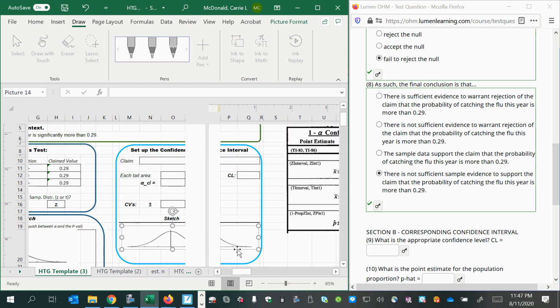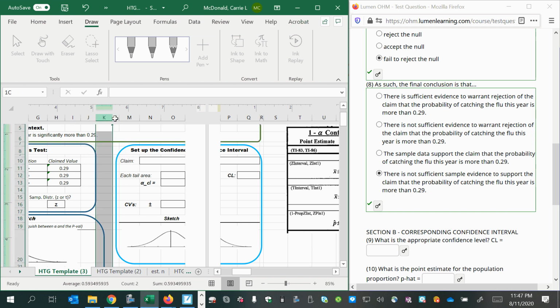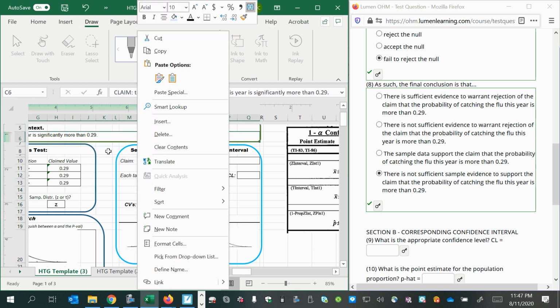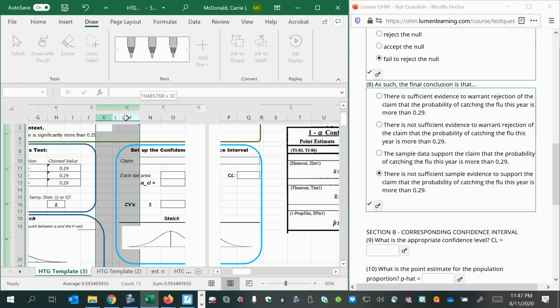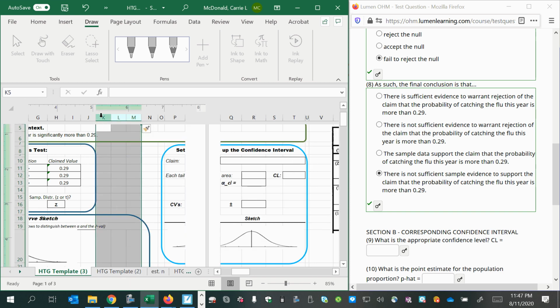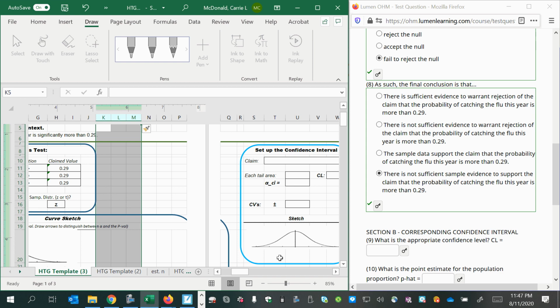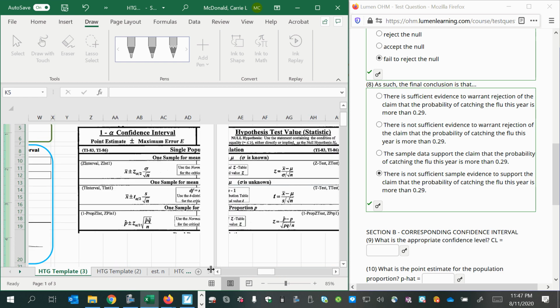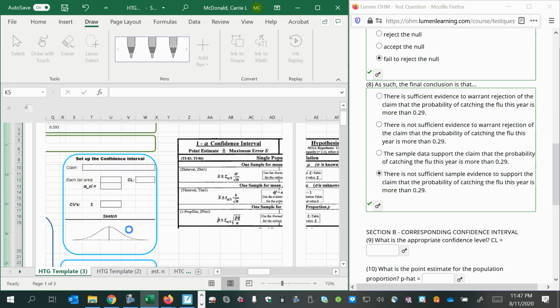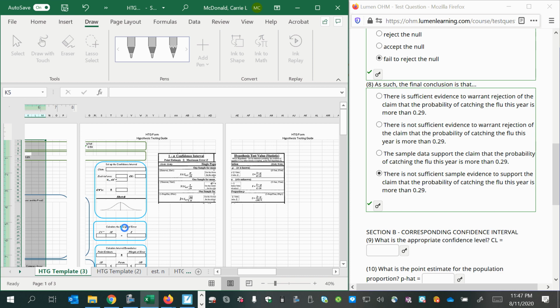So it's a little odd looking, but perhaps it's better to have it all on one page. A few more. Okay, so how's that look? Better? Okay.